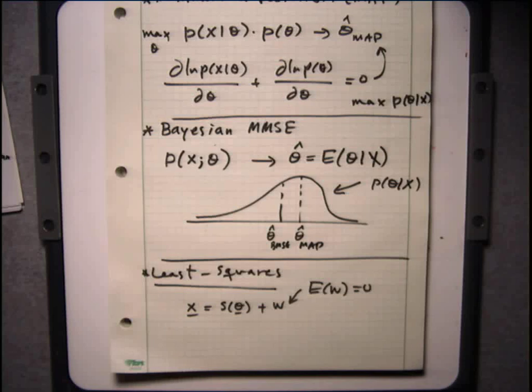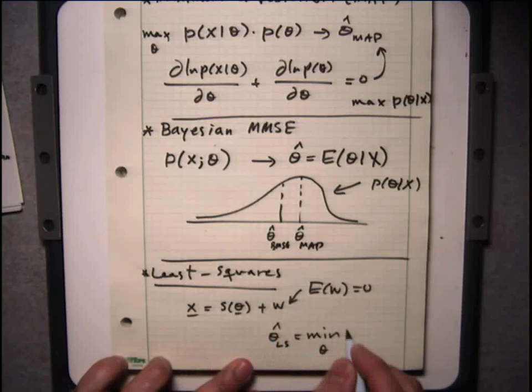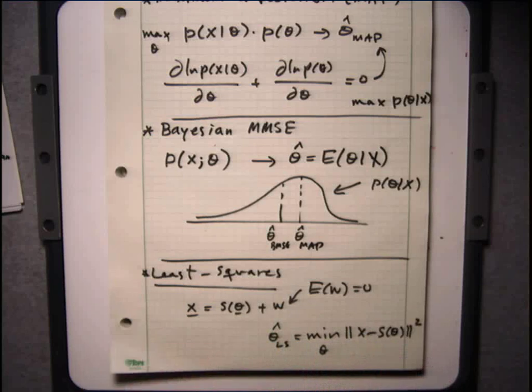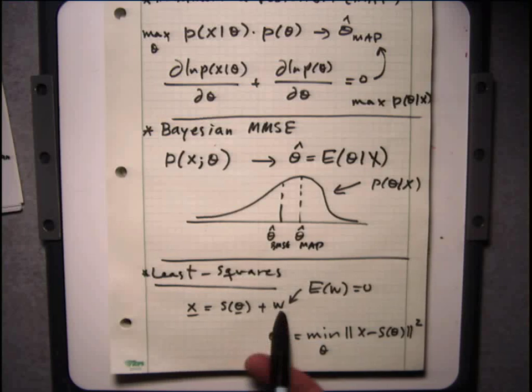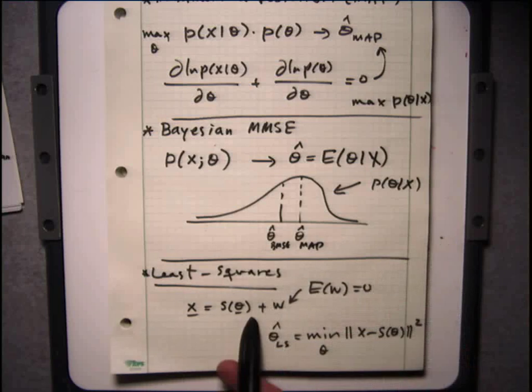So with this framework, the theta hat least squares is the minimizer over theta of the norm of x minus s of theta squared. Now, if it so happens that the noise is zero mean Gaussian white noise, then the minimization problem, when you write down the maximum likelihood, is exactly the same thing.